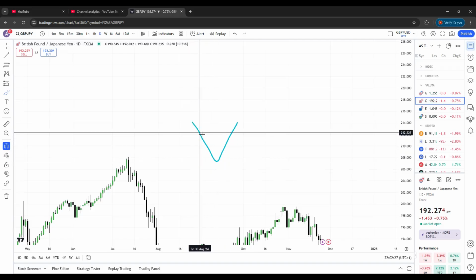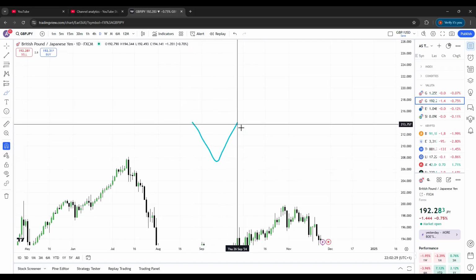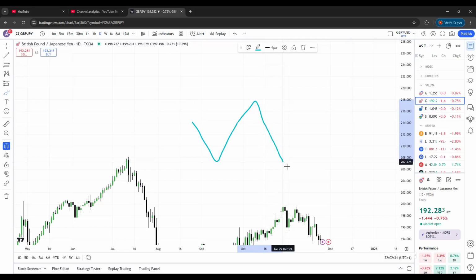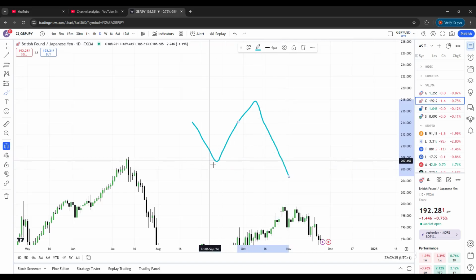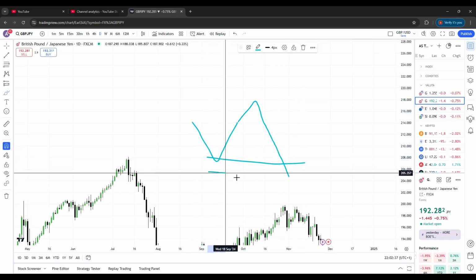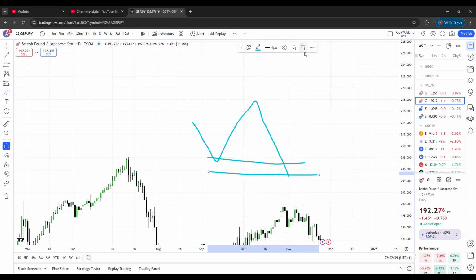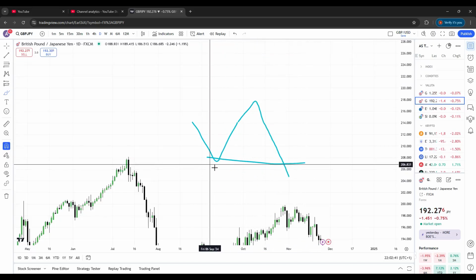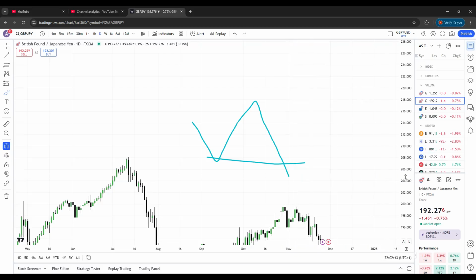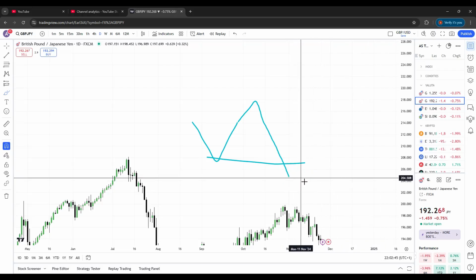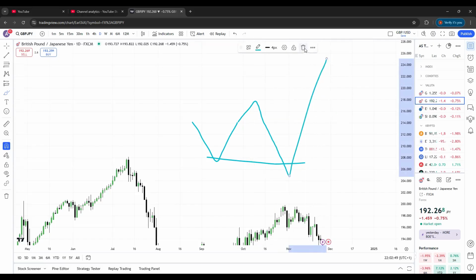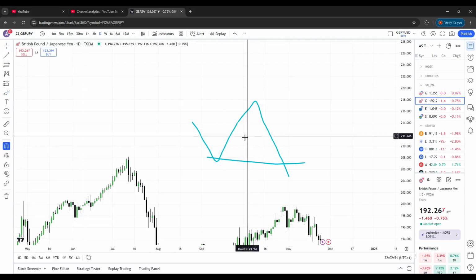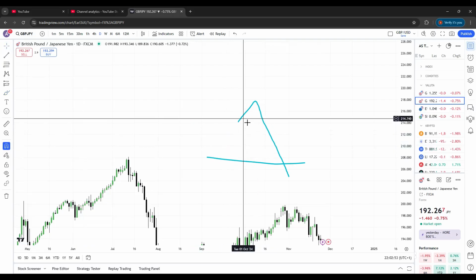So we see a move down, move up, and then a move down again, because the market makers made the market go down again, seek out this area, like not exactly that, but at least underneath these lows, to then be able to fill more of their orders to be able to rally up. So that was just a quick explanation.